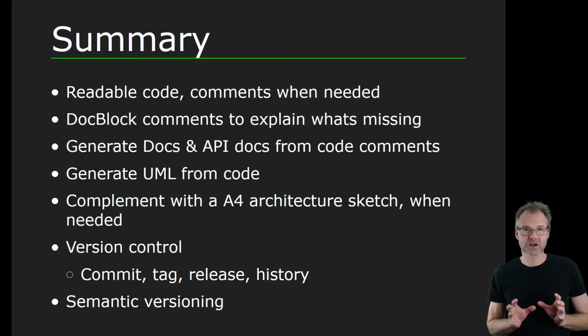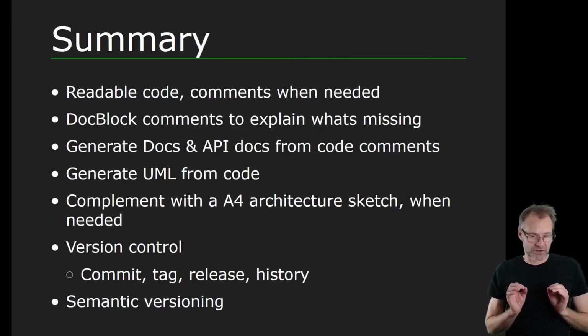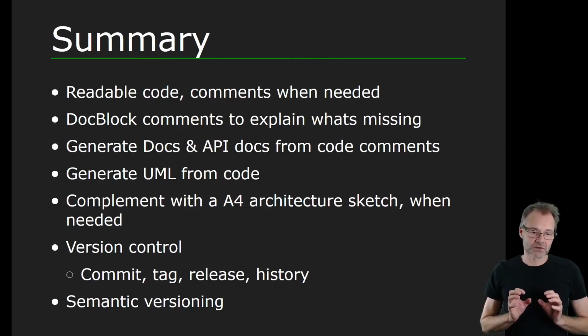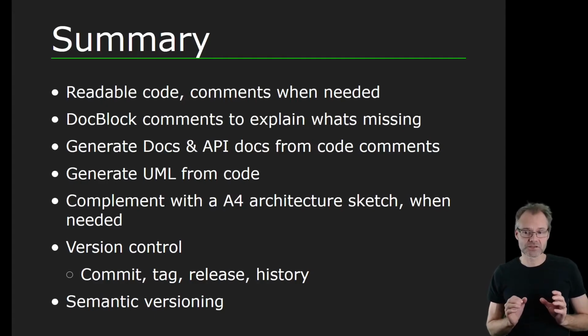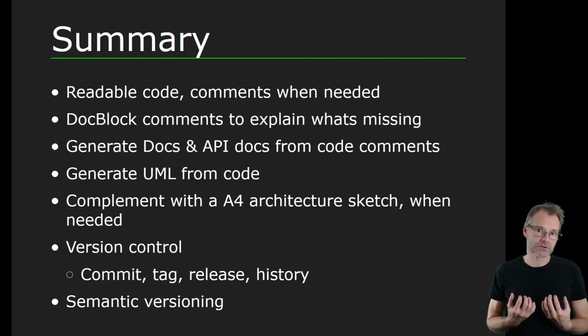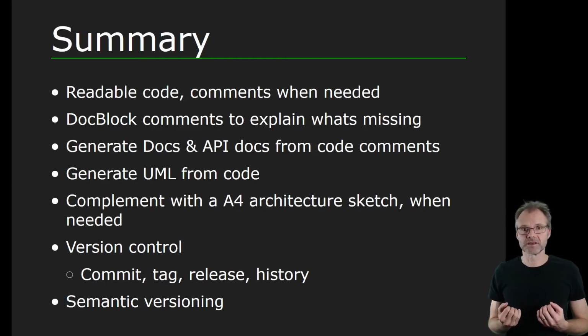Okay, so let's try and sum everything up one final time. What have we talked about? I've tried to emphasize the meaning of good, clean code as readable code, where we write comments when needed. I also said that we use Docblock comments to explain what's missing, and that will also help us when we want to generate documentation for our code from the code and Docblock comments.